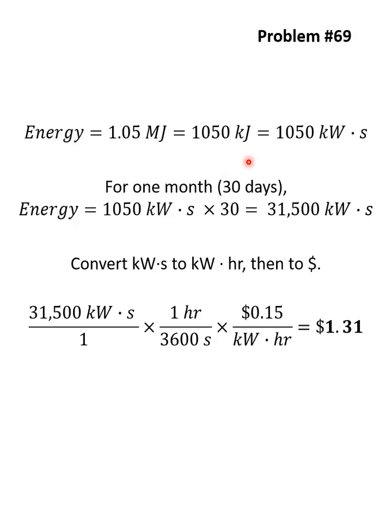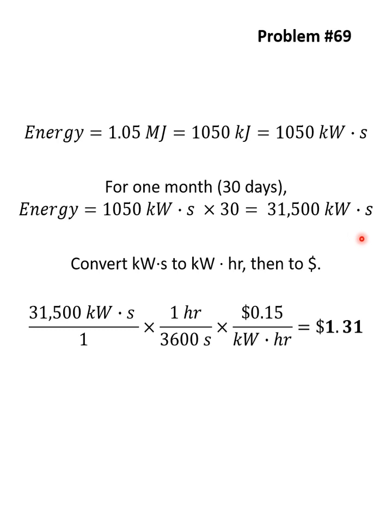Just like a watt is a joule per second, a joule is a watt second. This will make it go more easily if we think of the kilojoules as kilowatt seconds. Now for 1 month, we're going to assume 30 days. We're going to take that 1050 kilowatt seconds, multiply by 30, and we get 31,500 kilowatt seconds.